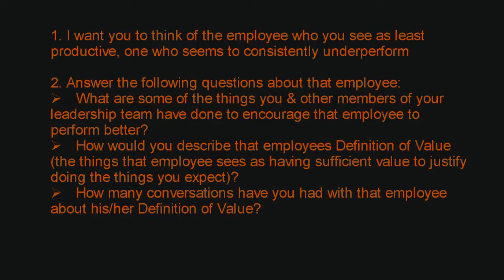And how has that worked for you if they're still underperforming? Not very well? Two, how would you describe that employee's definition of value? The things that employee sees as having sufficient value to justify the things you expect that employee to do. And three, how many conversations have you had with that employee about his or her definition of value? Answer those questions honestly.